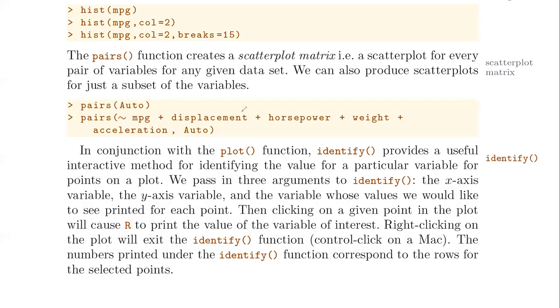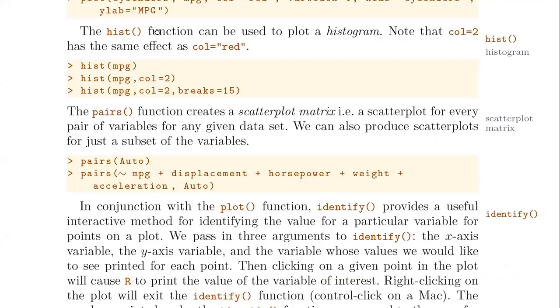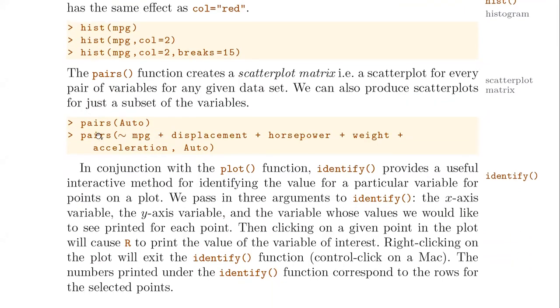Now, if you only want a subset, apparently this is what you type: pairs, and then tilde, take the 5 or however many columns or variables, and then you need to specify auto.